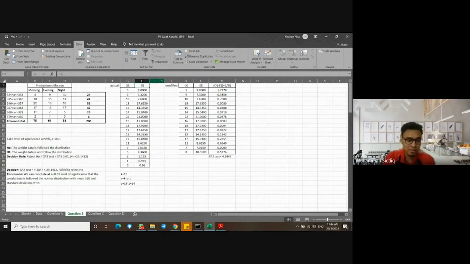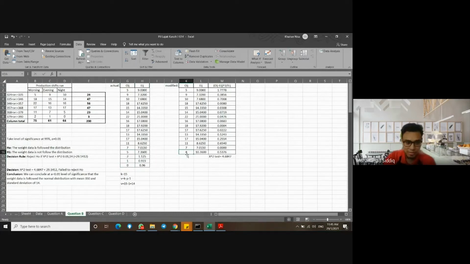After we make the table for EIJ, we need to make sure the value of EIJ is at least 5. If the value is not larger or equal to 5, we need to sum the value with the upward value.